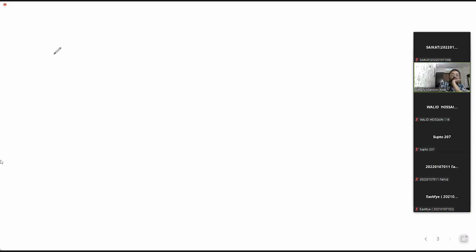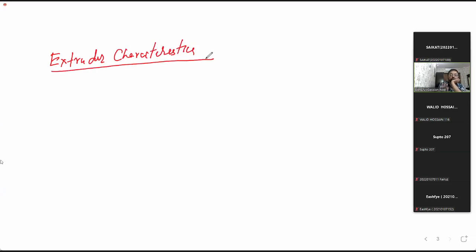We have seen the extruder characteristics. Q is a function of pressure P.